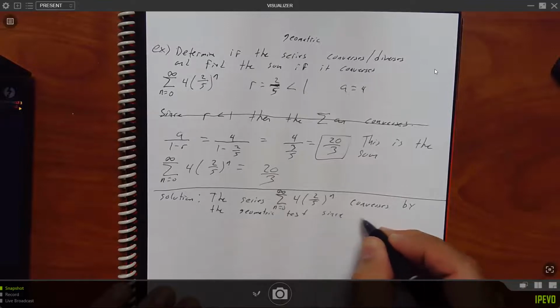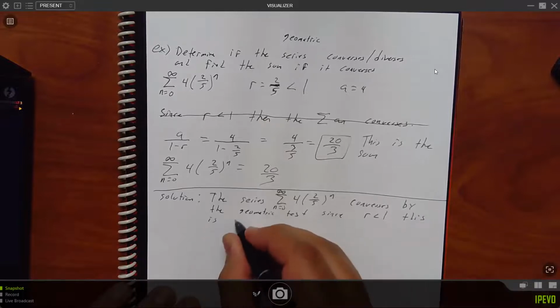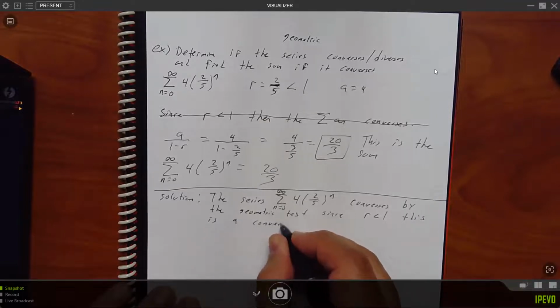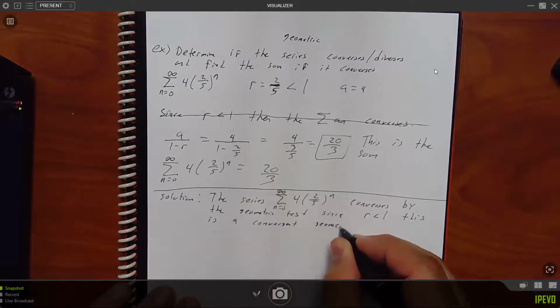Since r is less than 1, this is a convergent geometric series.